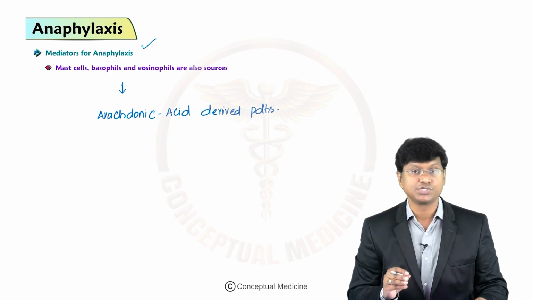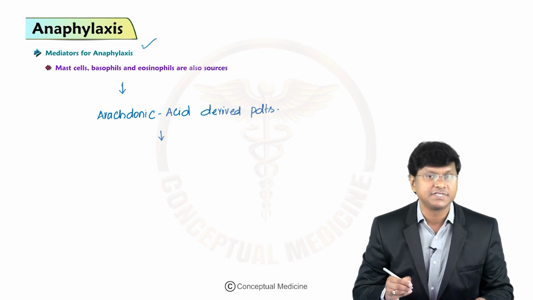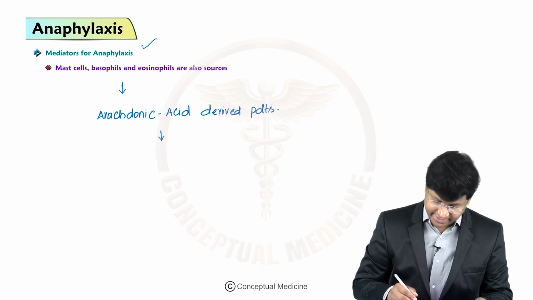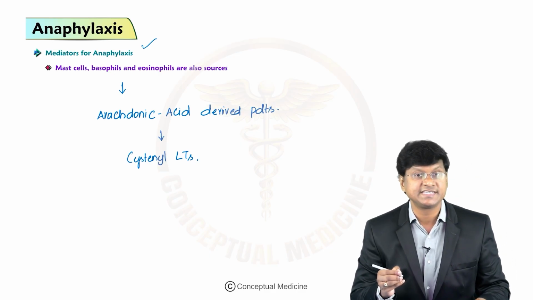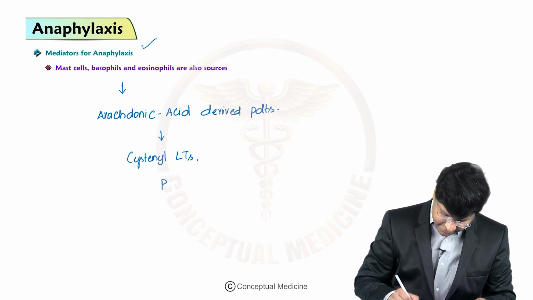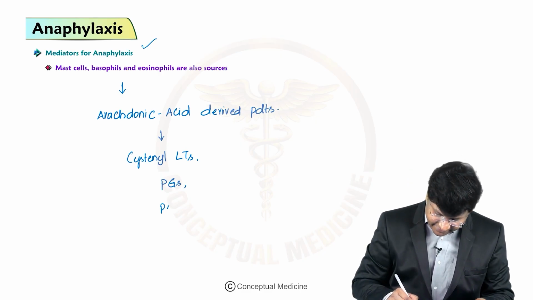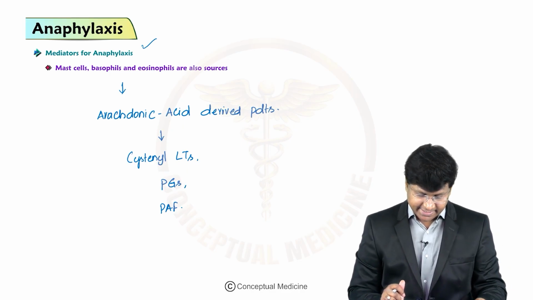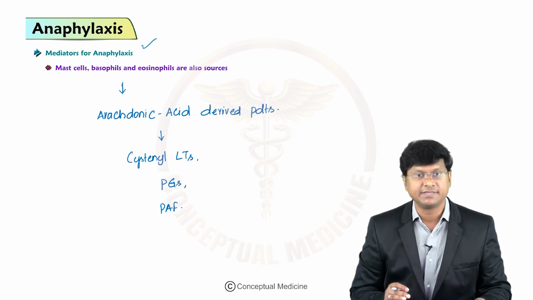What are the examples of these? They include cysteinyl leukotrienes, prostaglandins, and the platelet activating factor.